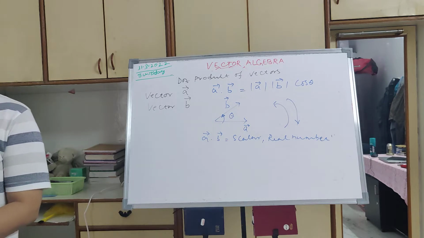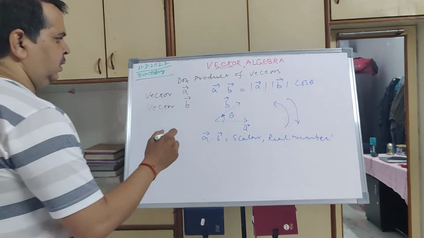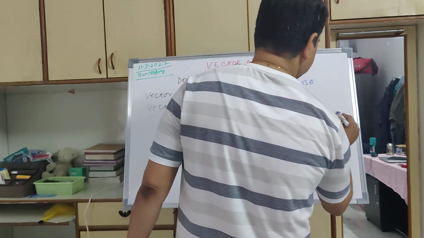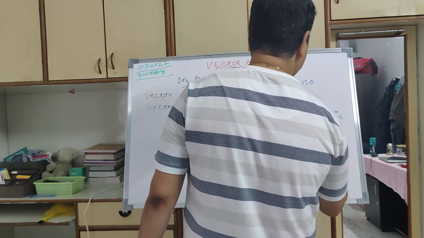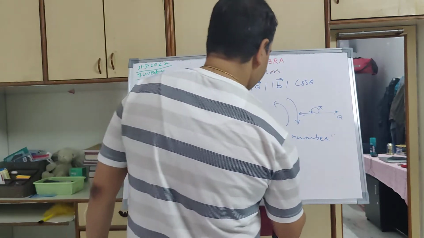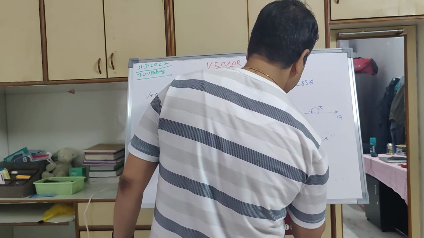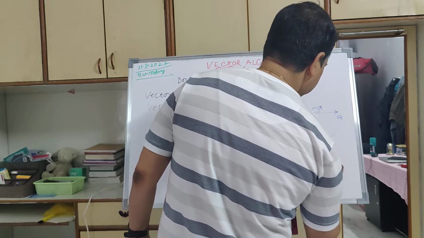So that is one property of the dot product. Then another is when theta is equal to pi. When theta is equal to pi, that means this is A, this is B, and the angle is pi. Then A dot B will become magnitude of A, magnitude of B, then cos pi.